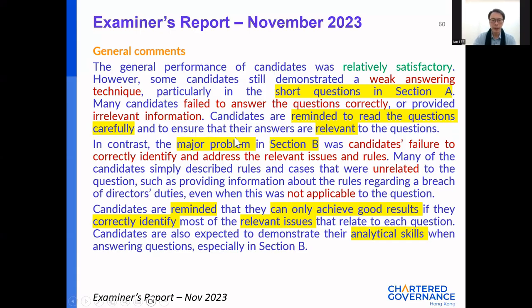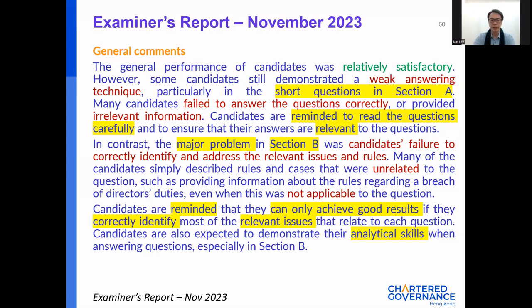Now, for the part relating to section B, major problem was candidates' failure to correctly identify and address the relevant issues and rules. So you will note this comment is almost identical to the one for June 2024.